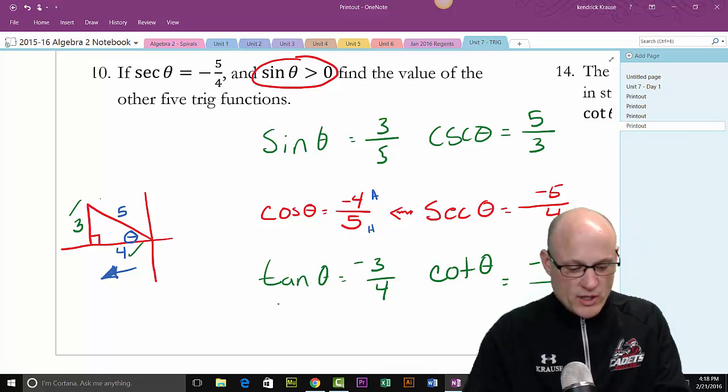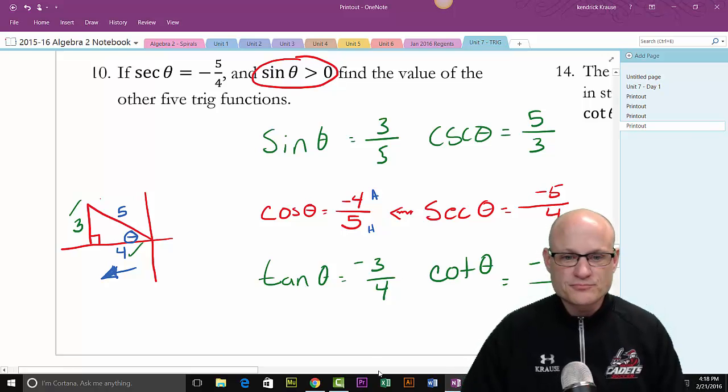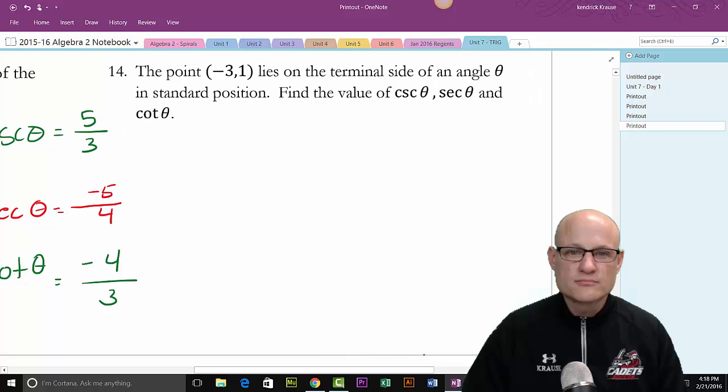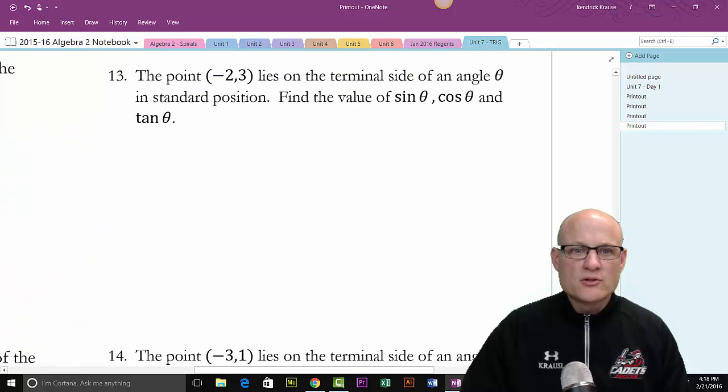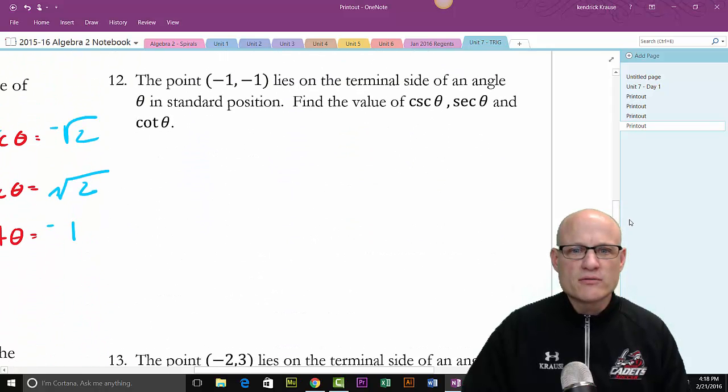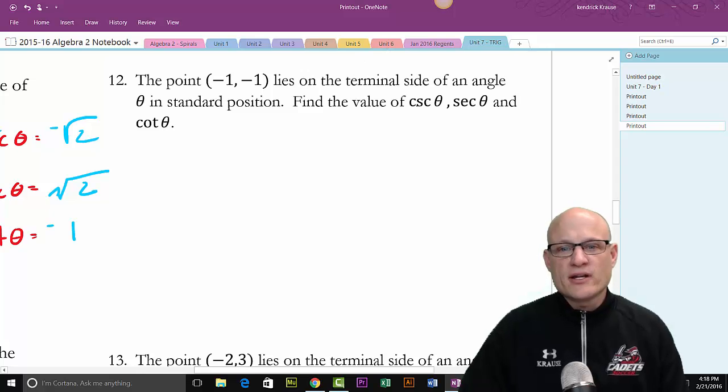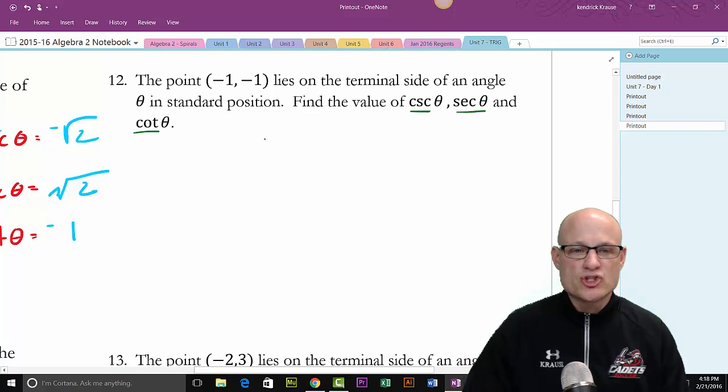All right, we're going to go to 12 next. What do I want to do on 12? Oh. Find the exact value of cosecant, secant, and cotangent.